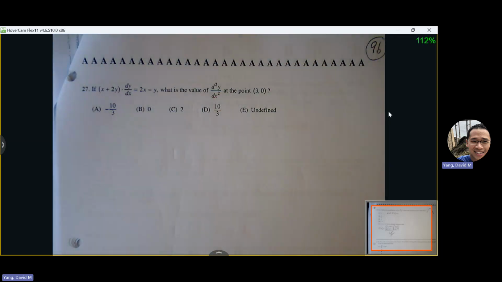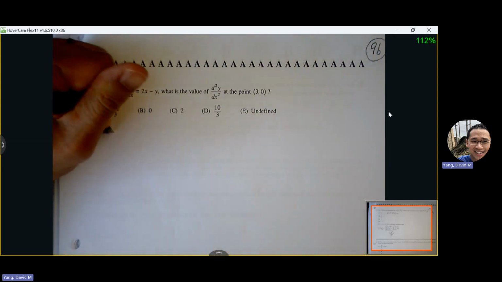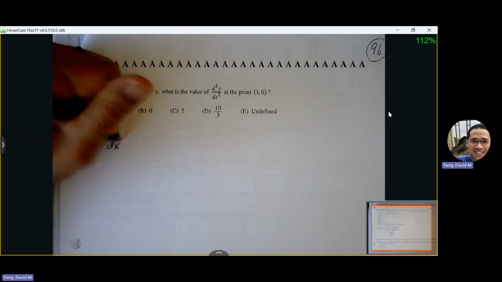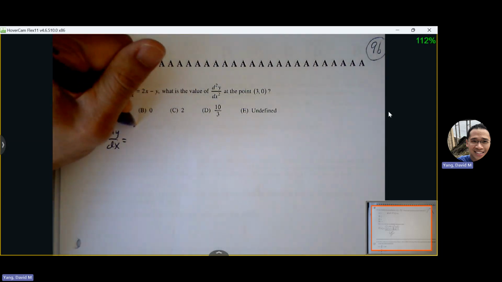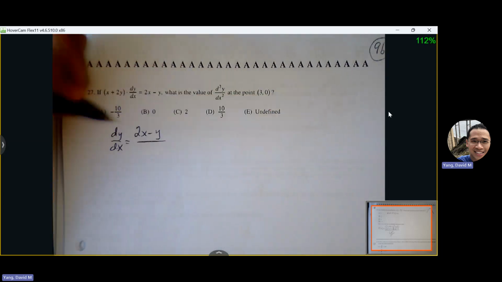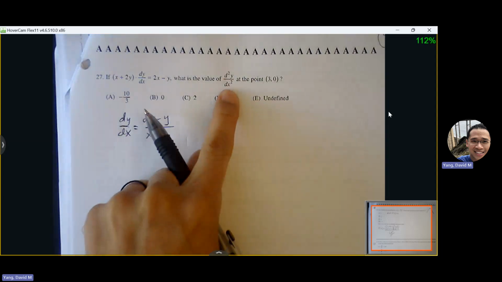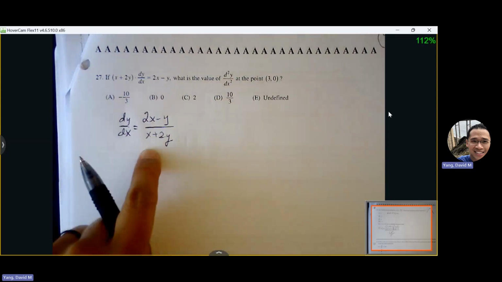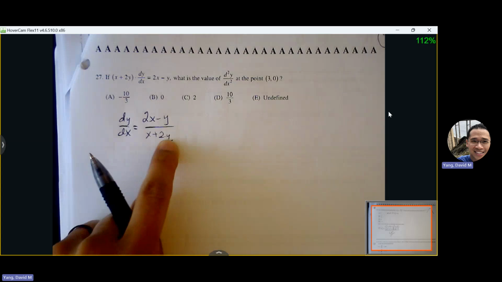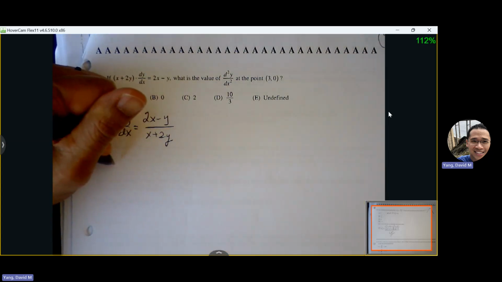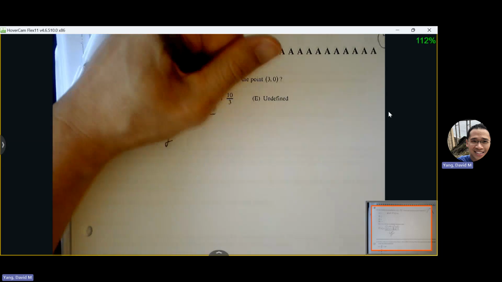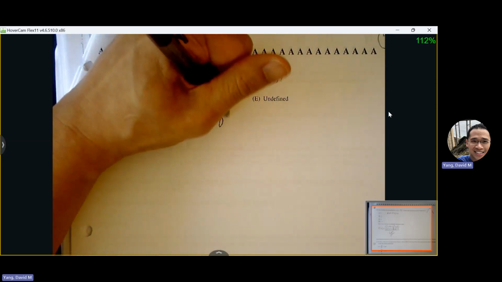What's the value of d2y over dx2? We know dy dx. If I rearrange it, I can make it 2x minus y over x plus 2y. So if I want to find d2y over dx2, I just have to find the second derivative, go through quotient rule, and each time y's derivative shows up, I have to involve implicit differentiation. So there's quotient rule and implicit here.